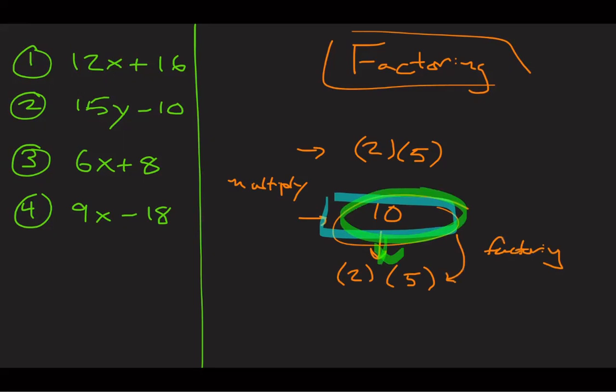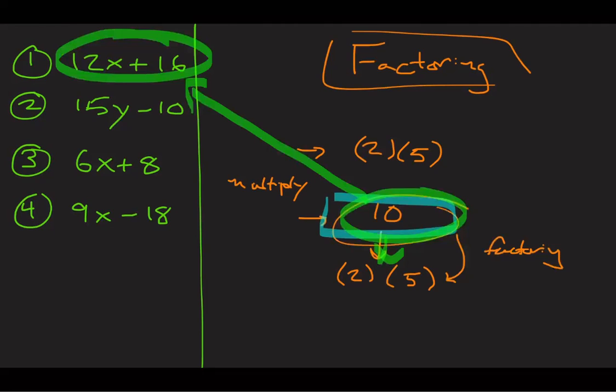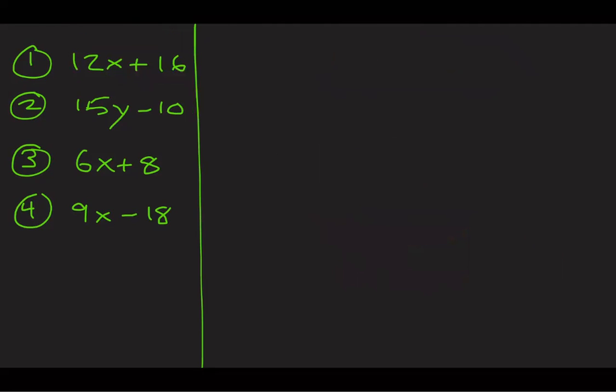We're also going to be taking something and breaking it into two factors, but it's going to look much more complicated. Instead of starting with the number 10, take number 1 up here, for example. We're starting with an entire polynomial, in this case, a binomial. Remember, binomial meaning 2. So we're going to take this whole thing, this 12x plus 16, and we're going to break that apart into two things being multiplied.